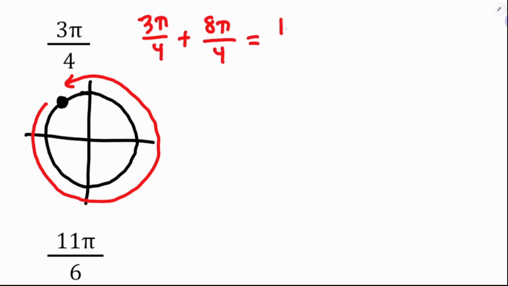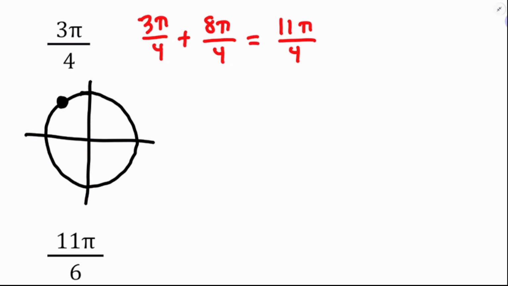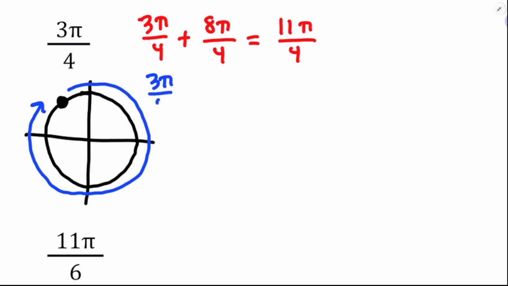That would give me 11 pi divided by 4. And then if I were to decide to go back by one full rotation, I could take 3 pi over 4 and subtract 2 pi. And that would be negative 5 pi divided by 4.